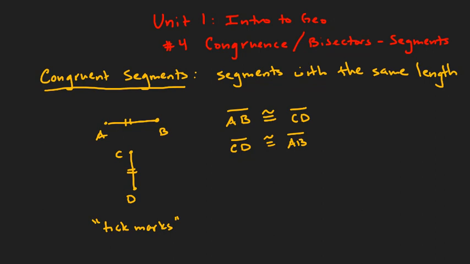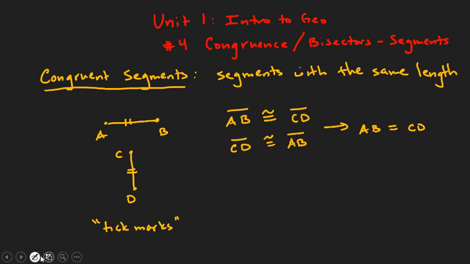That order doesn't matter. Either way you slice it, what this is telling you is that these two segments have the same length. That AB without the bar, the length of AB, is equal to CD without the bar, the length of CD. So again, keep in mind the difference between saying segments that are congruent and their lengths are equal.